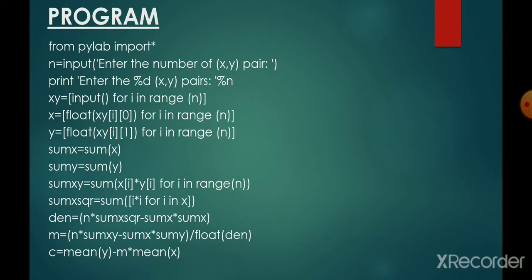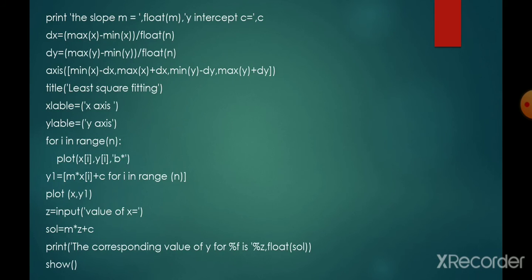sum x equal to sum of x, sum y equal to sum of y, sum xy equal to sum xi yi for i in range of n, sum x square equal to sum i star i for i in x, then n star sum x square minus sum x into sum x, m equal to n star sum xy minus sum x into sum y by float, then c equal to mean of y minus m into mean of x, print the slope m, float m, y-intercept c.